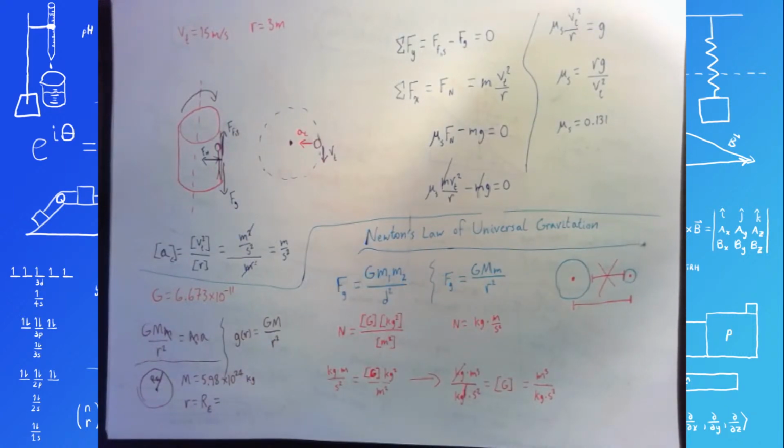I believe it was something like 6.36 times 10 to the 6. Let me open my book and double check. Or 6.38, maybe. Let's see, mean radius of Earth, 6.38 times 10 to the 6.